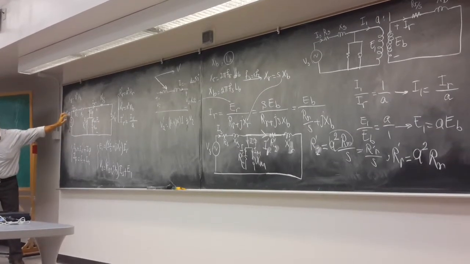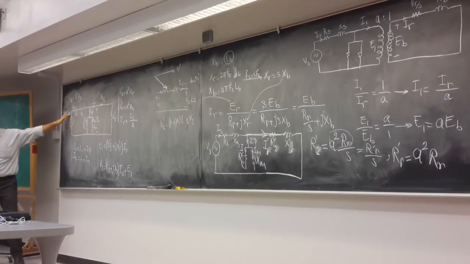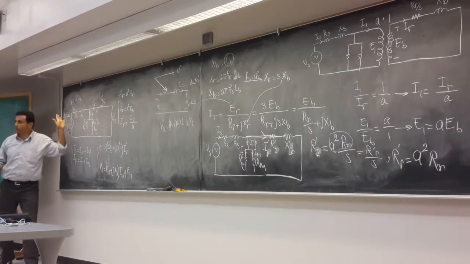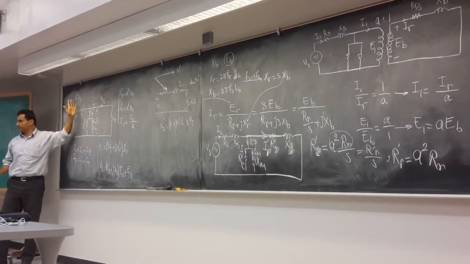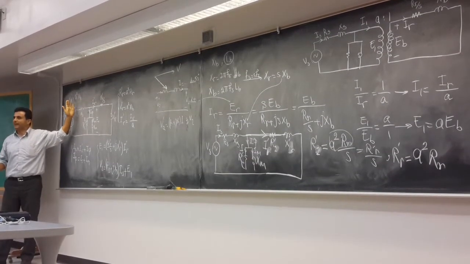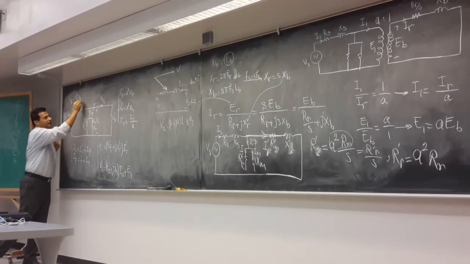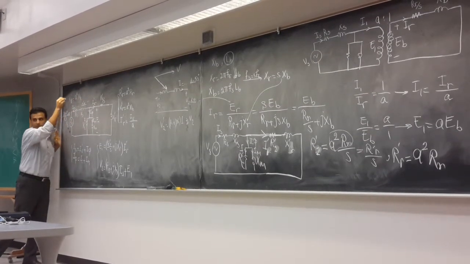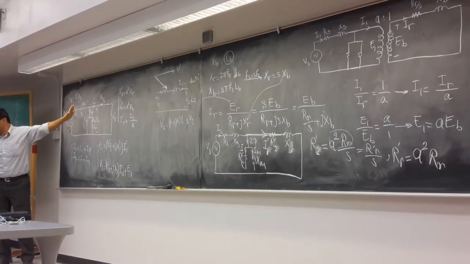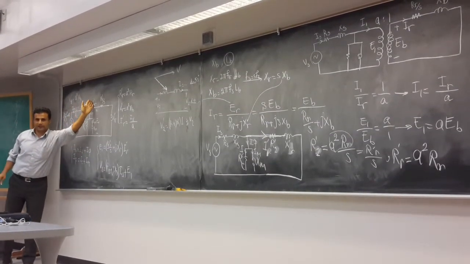But I selected this one. Up to here was optional, but from here on, I have to stick with this one. If they say the power factor of this machine is 0.8 leading, this current is going to be something positive. If they say this machine has a lagging power factor, it's going to be something with a minus that angle.